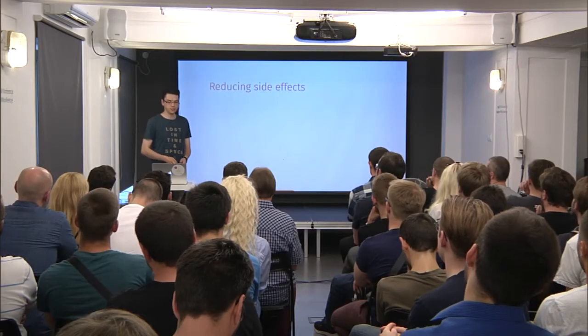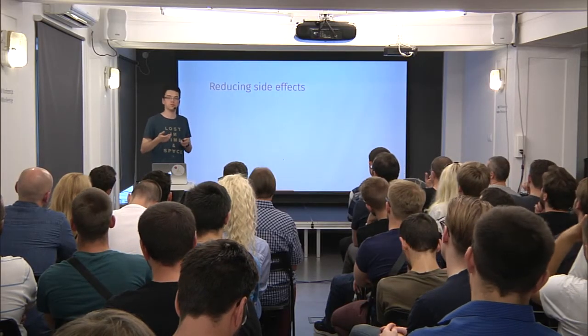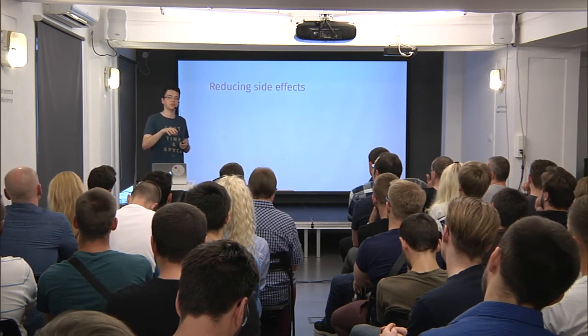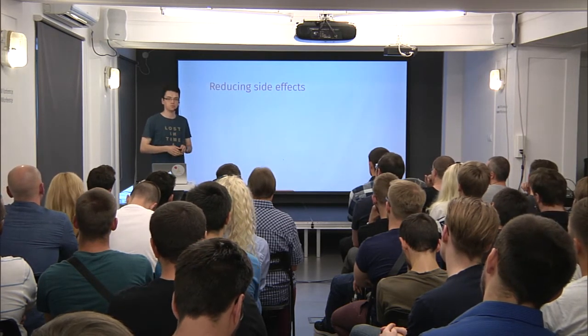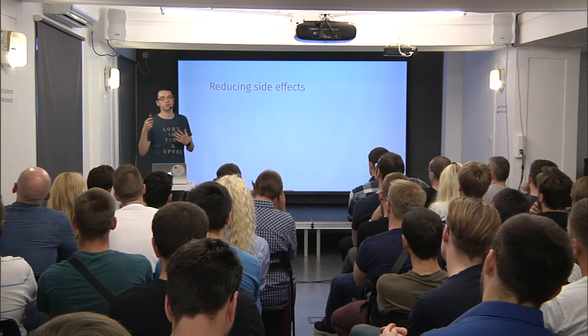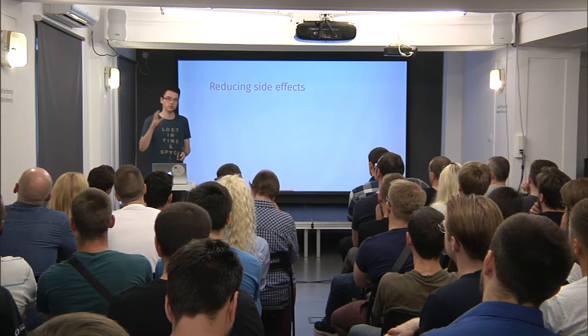Reducing side effects. So what do you do? If your views can react to some actions which came through the store, the same can be your handlers for side effects.